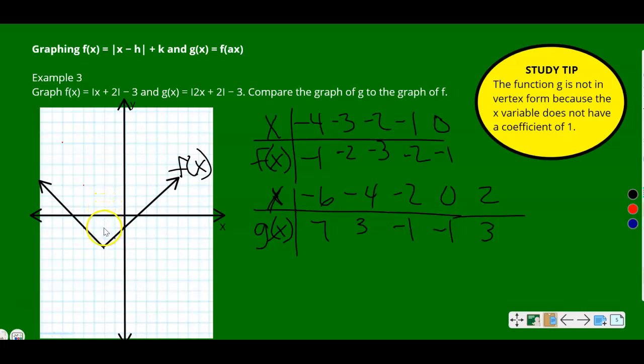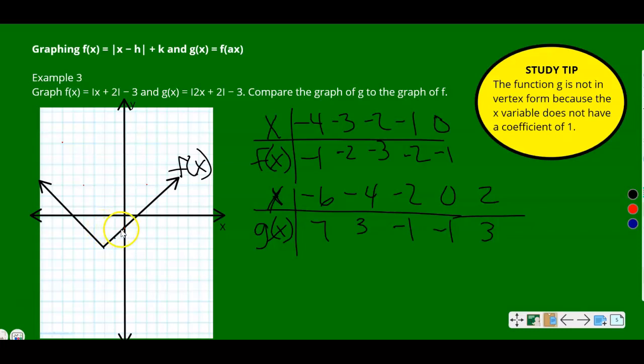Negative 2, negative 1. And then 0, negative 1. And then 2, 3. All right, so we've got several points here.